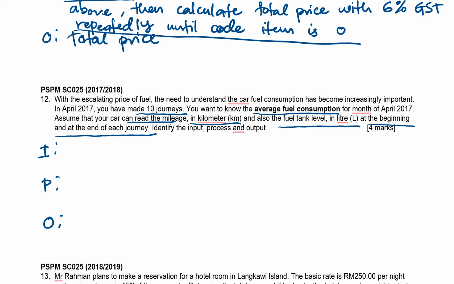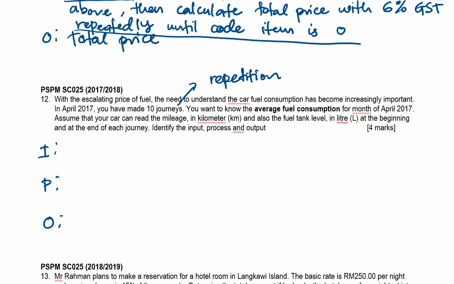First, what is the control structure for this question? The control structure for this question is repetition. Why repetition? Because you can see here you have made 10 journeys, then you are going to get the average fuel consumption for 10 journeys.